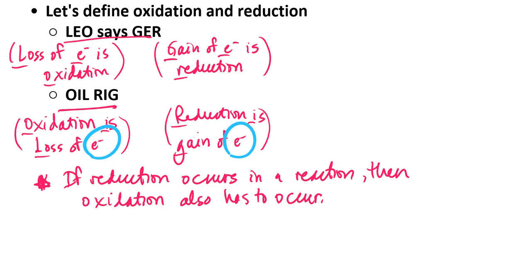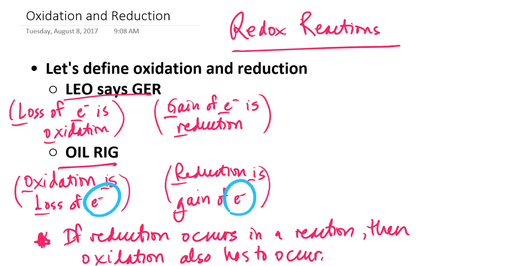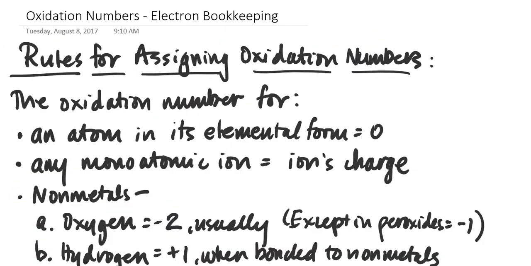And so we have to find a way to track the number of electrons associated with a particular reactant. And so the way that we do that is, if we think back to last year, there is such a system by which we can track the number of electrons assigned to the atoms within a substance, and that's, again, the rules governing oxidation numbers.